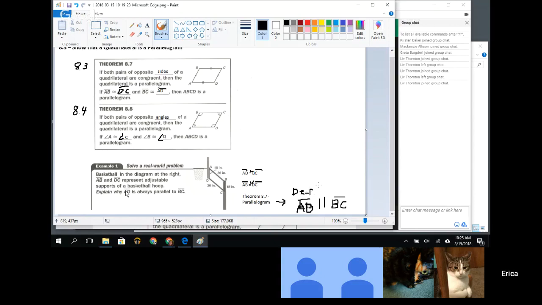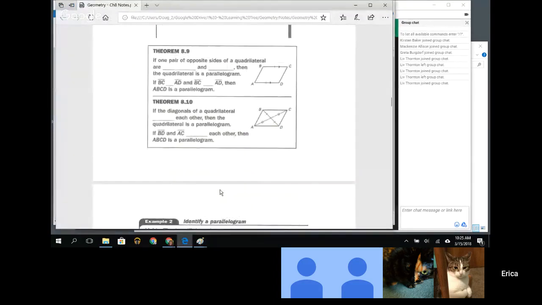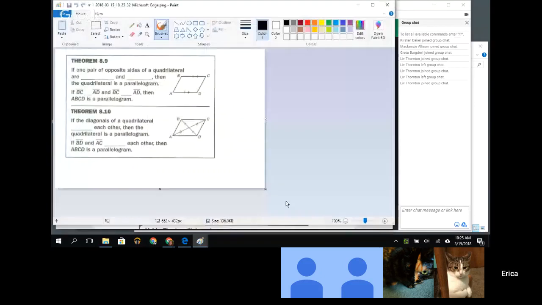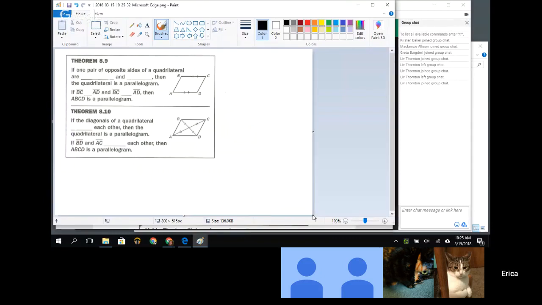But wait, there's more theorems. Just when you thought we couldn't have any more theorems about parallelograms, there's more. Two more theorems, and then we've got a bunch of different problems to go through. Make sure you put these on your theorem sheets as well, because there are a lot of parallelogram theorems, so make sure that you have them all written down.